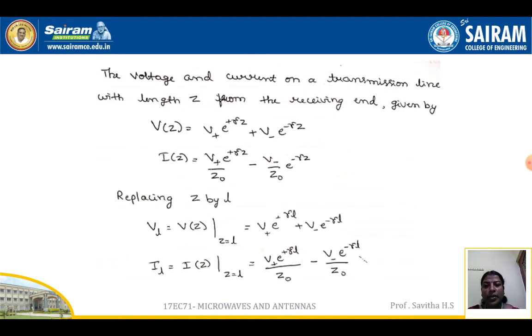The voltage and current on a transmission line with the length Z from the receiving end is given by, already these two equations we will derive taking the same equations.